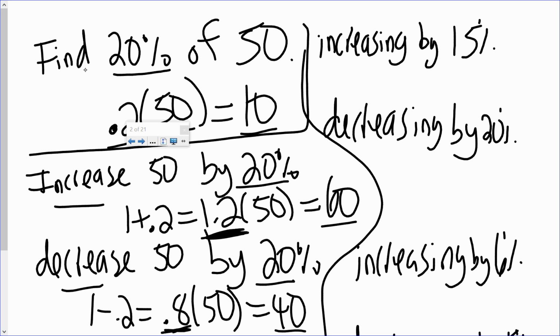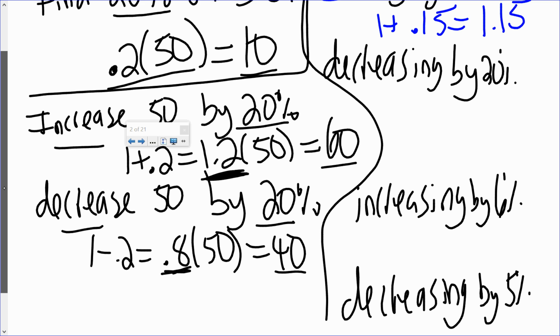So I will just do the first one for you. If I'm increasing by 15%, I make that 15% into a decimal, and because I'm increasing, I add it to 1. Now we get 1.15.